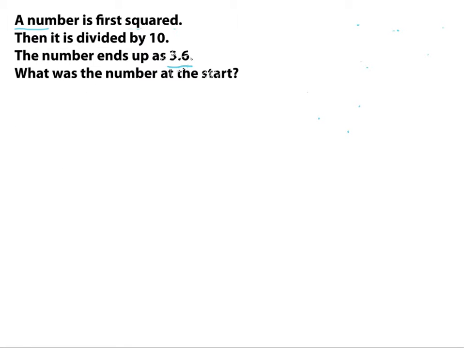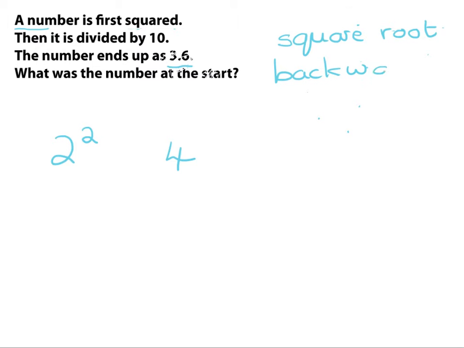We're going to use the pencil. A number is first squared, so let's take 2 squared, which is equal to 4. But remember, we talked about square root, and we talked about going backwards or in reverse. Well, we know that 4's a square number.